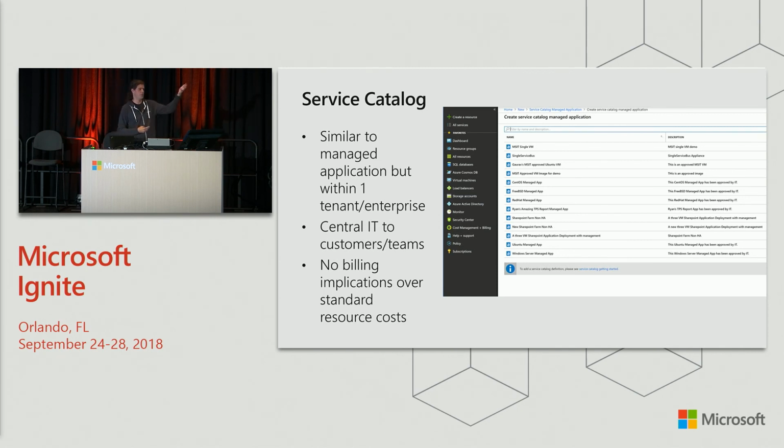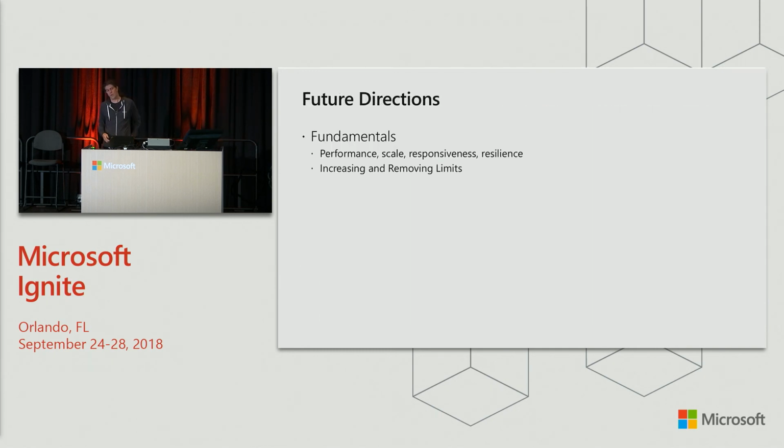You can publish into a set of subscriptions, and then users in those subscriptions can create these, and they form the exact same format where you as the enterprise provider get access to their resource group and can perform maintenance operations, and they get a first-class resource that they can maintain and view, and obviously there are no billing transactions there. So those are some of the future things that we're working on for managed apps and service catalogs.